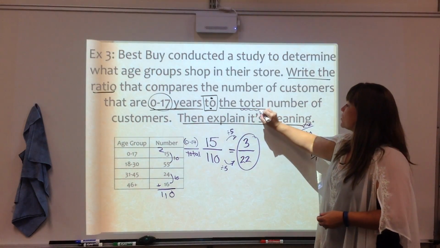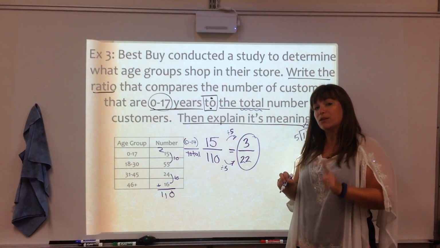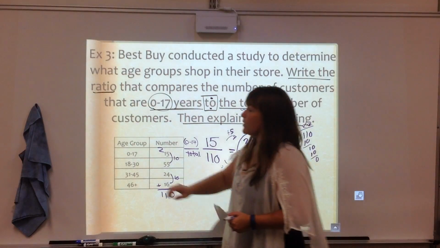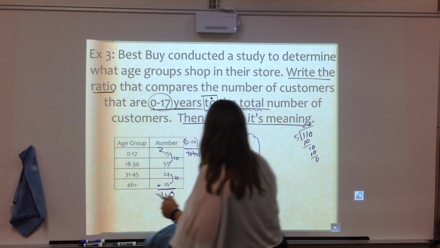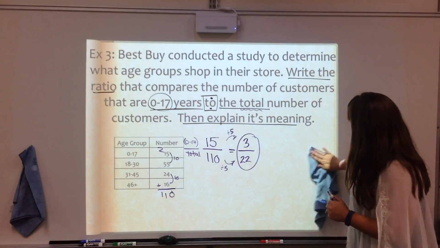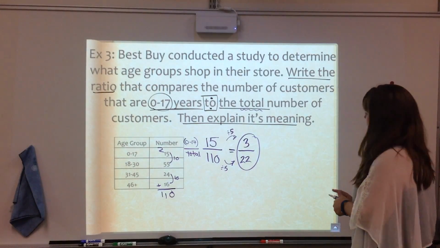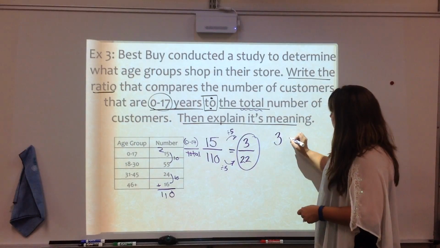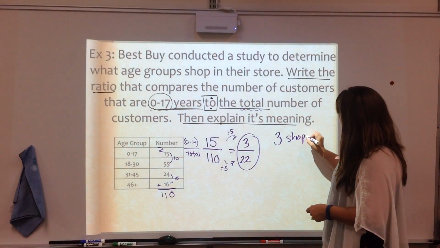Because I'm dealing with total, I'm going to use that first quotation mark. And here's a possible way to explain it. I'm just going to get rid of my little division. Here we go. 3 shoppers.